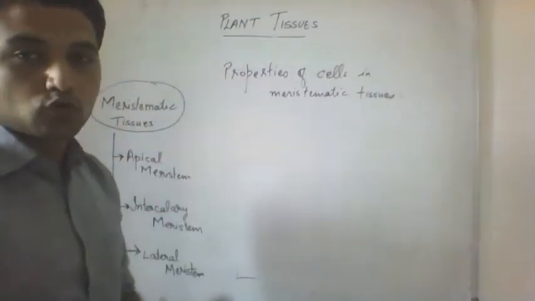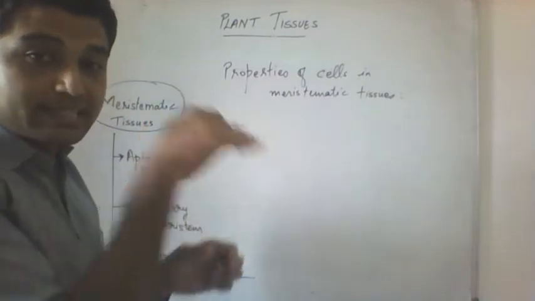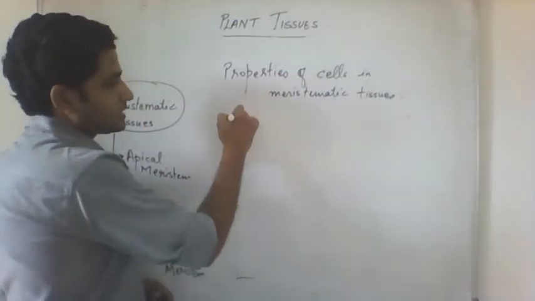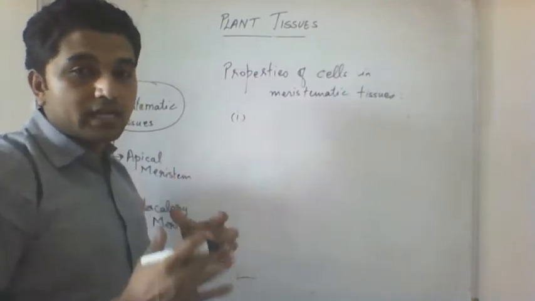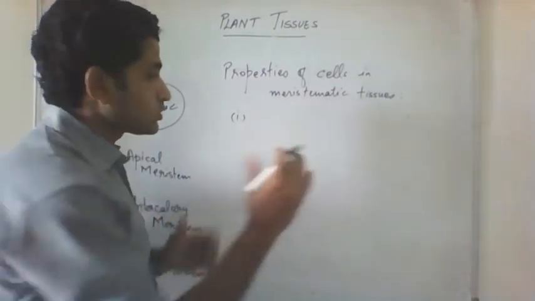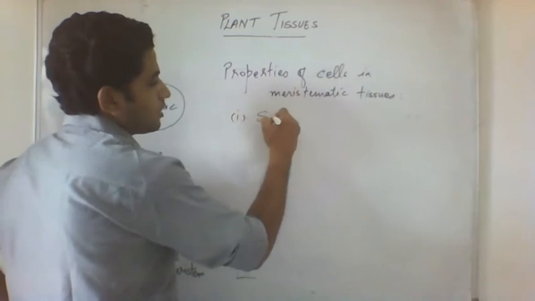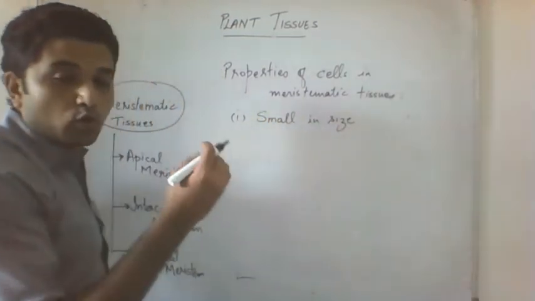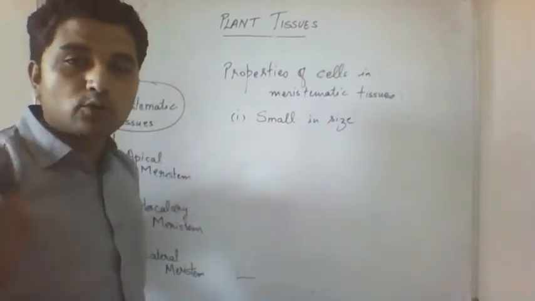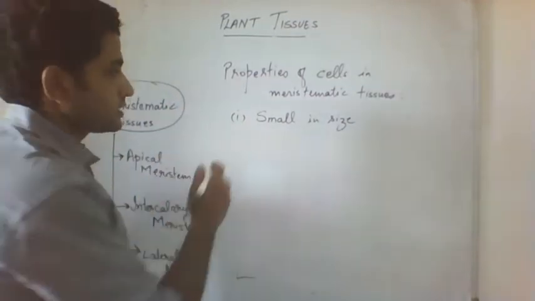When you look in the microscope, what properties will these cells show? First of all, because they are continuously dividing, they are not allowed to grow much. So they will be small in size, smaller compared to the other cells.